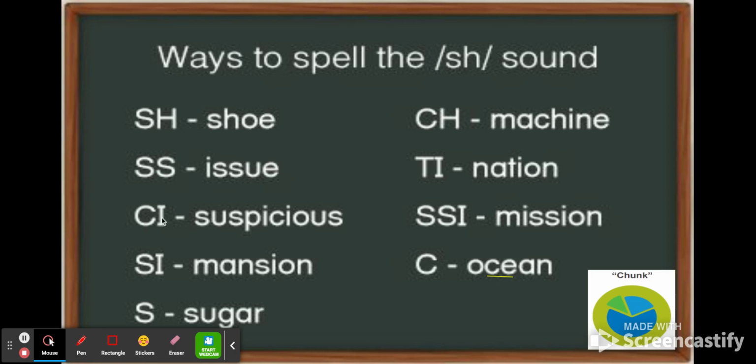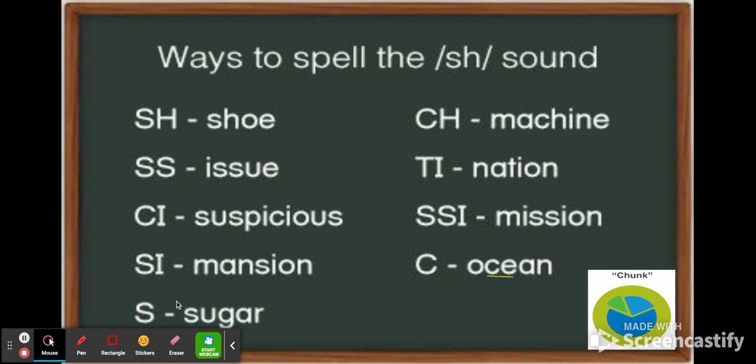CI makes what sound again? That's right. As in suspicious. SI makes the sh sound as in mansion. And the single S says sh as in sugar. So you have to watch that single S because with the S and the U, that makes that sh sound.